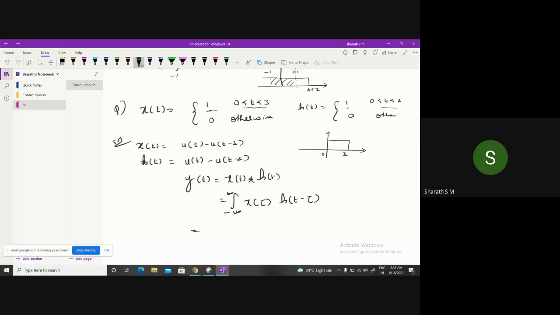Now, what is the equation for x of tau? We have x of t here, so x of tau is u of tau minus u of tau minus 3. And h of t minus tau?